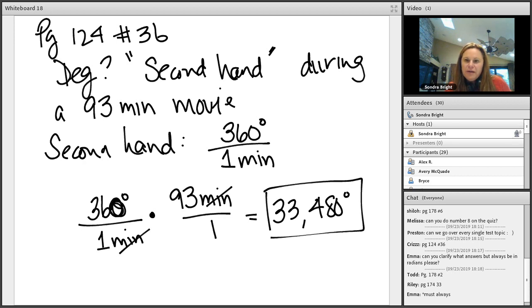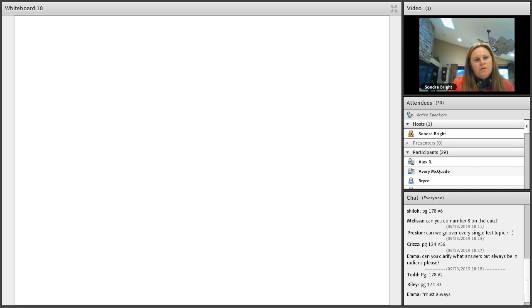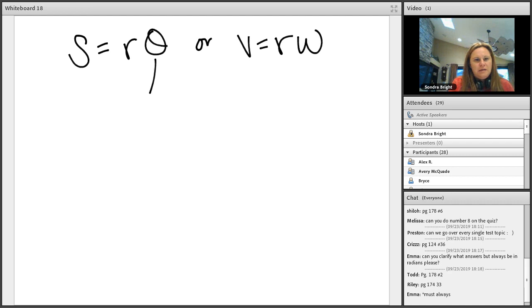Can you clarify when answers should always be put in radians? Okay. So, when you do arc length or linear velocity, it's got to be in radians. Got to be in radians.